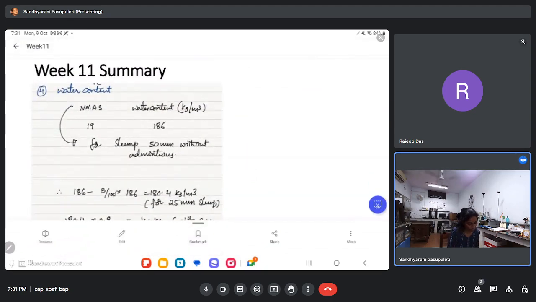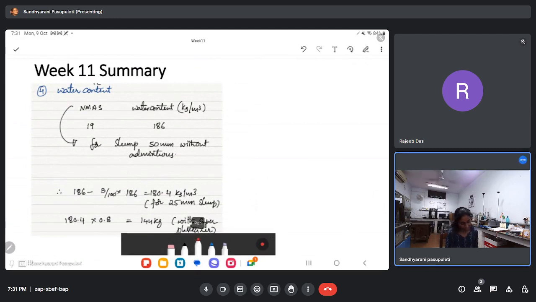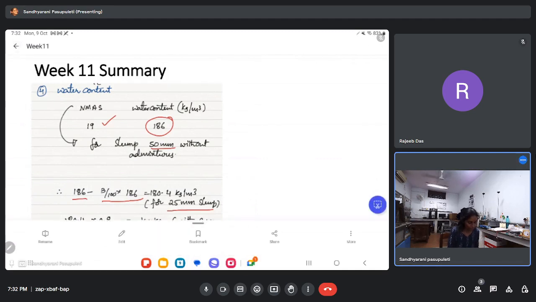If we want to calculate the water content, it again depends upon the NMAS of 19. For the 19, the corresponding water content was given as 186. But this is for the slump of 50 when there is no admixture. In the current case, we are going to add superplasticizer and our slump is 25. So from the 186, first we have to reduce 3% of 186 for the slump correction of 25 mm.